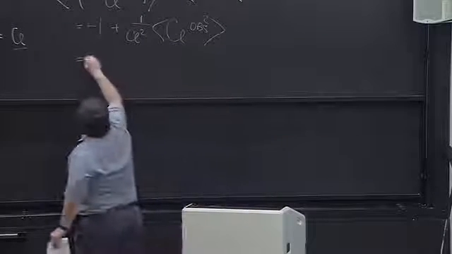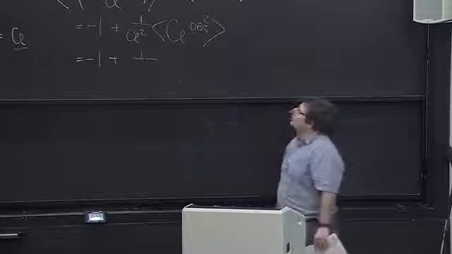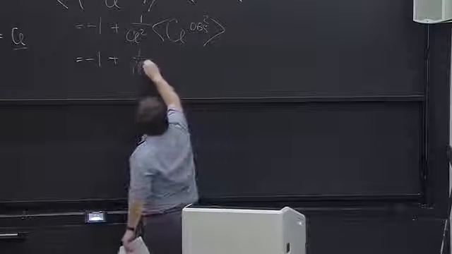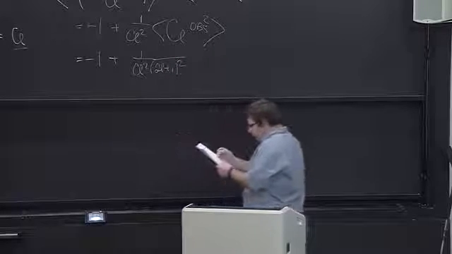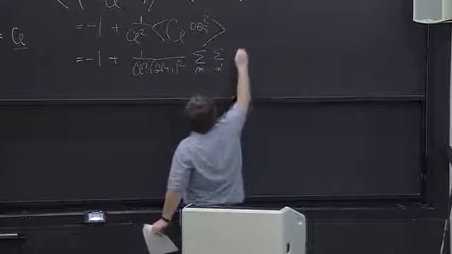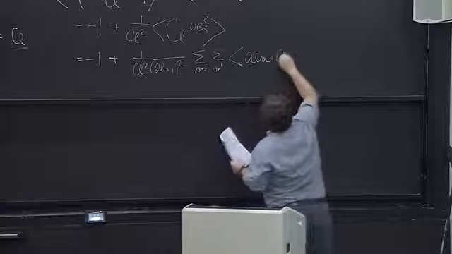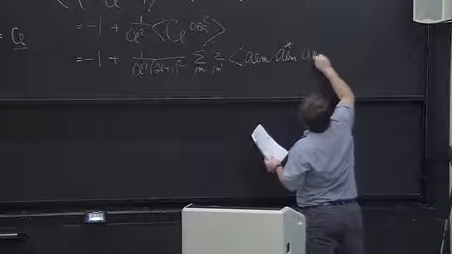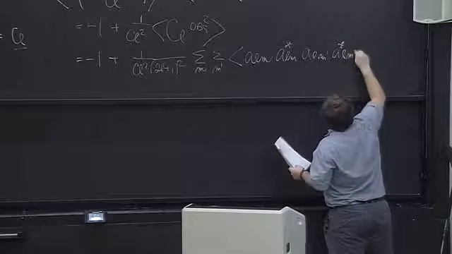So this is equal to minus 1 plus, now you have to plug in whatever the definition of CL observed is. Each of them has 1 over 2L plus 1, so you'll have 1 over 2L plus 1 square, CL square, 2L plus 1 square. And then you have sum over M and sum over M prime, and then you have ALM, ALM star, and then ALM prime, ALM prime star.